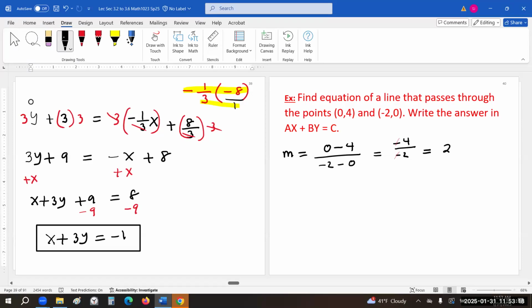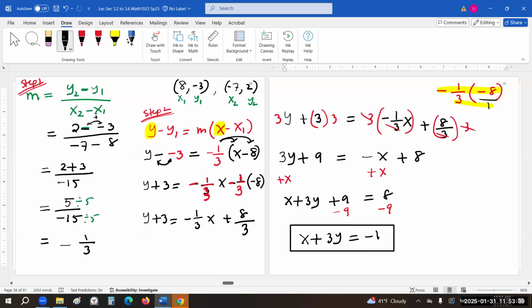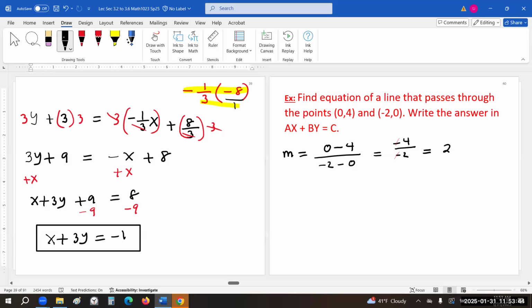Janisha? Okay. No problem. Let me help you. Once you find a slope, what do you think is our next step? Based on the example we did before. So this is the example we did before. We found the slope, and then what? So we go back and write y minus y1 equals slope times x minus x1.